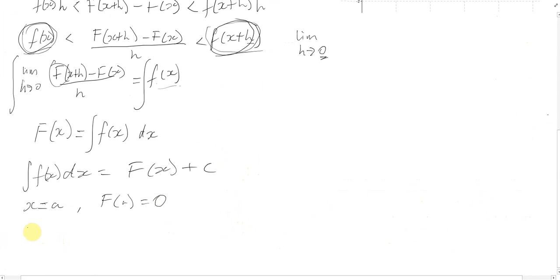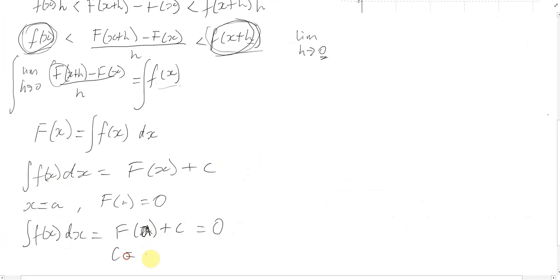So because of this, let's work this out for when x is a. We can say that the antiderivative of f of x dx is equal to F of x plus c, so F of a plus c. And that has to equal 0 because it is 0 at x equals a.